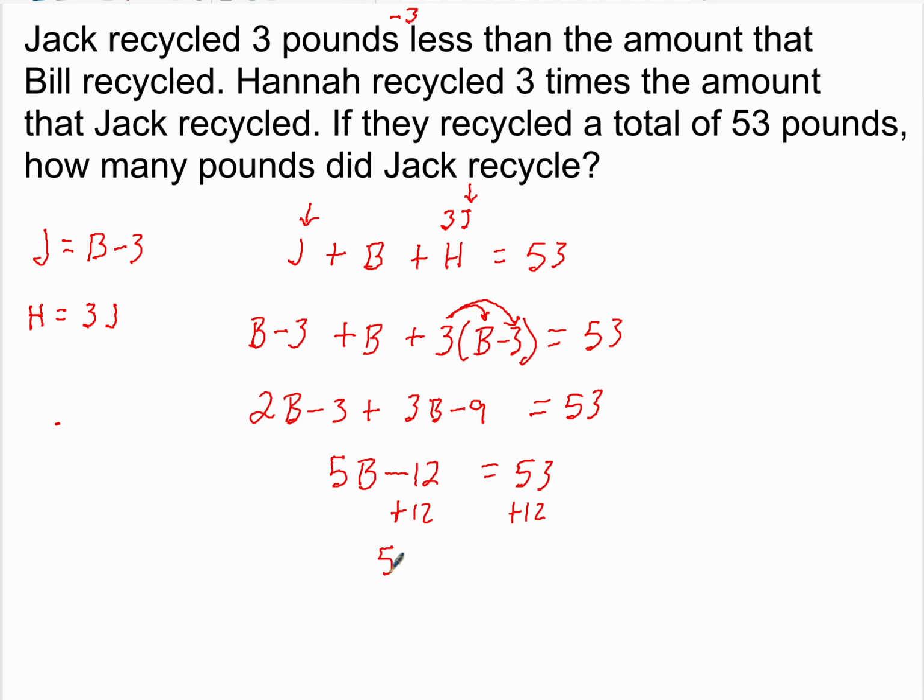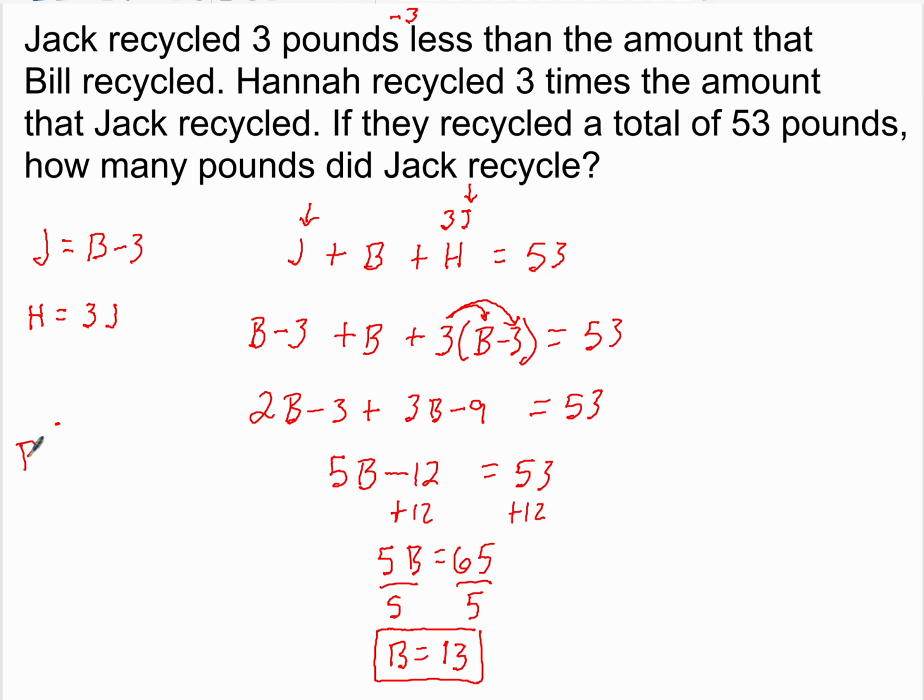So 5B equals 65. Divide by 5. So B equals 13. So that means Bill, our good old buddy Bill, recycled 13 pounds of stuff.